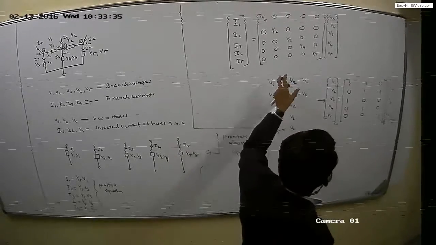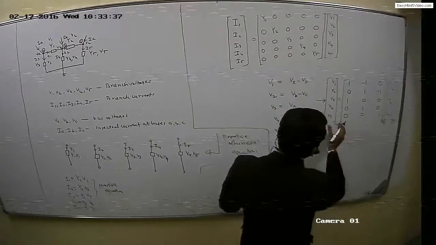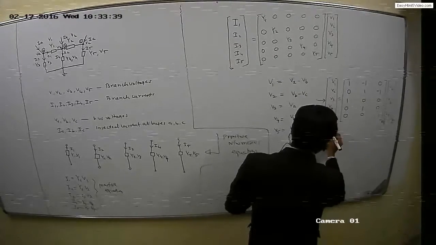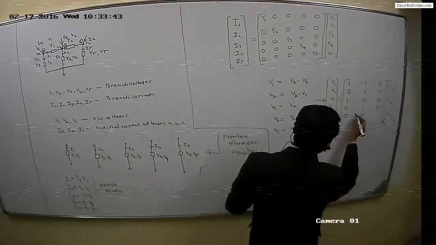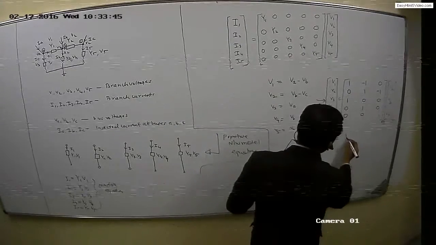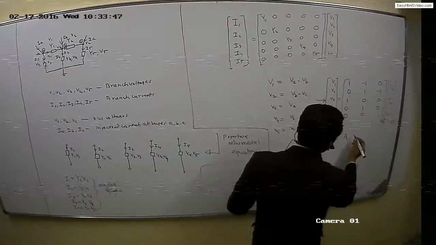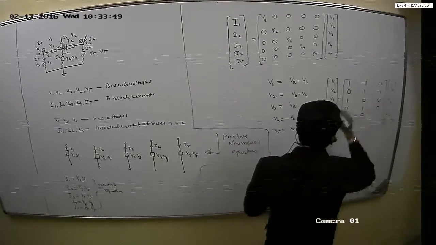Now also, can I write these equations? This is nothing but your branch voltage vector, that is V branch, and this is nothing but your N matrix. Let us note down this matrix as A. This matrix is known as branch to node incidence matrix.